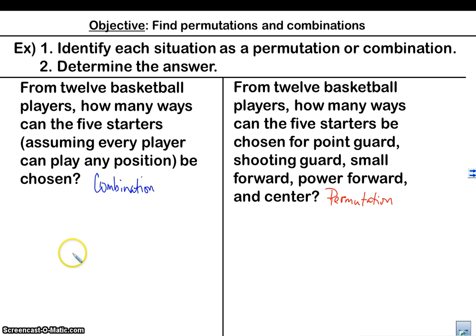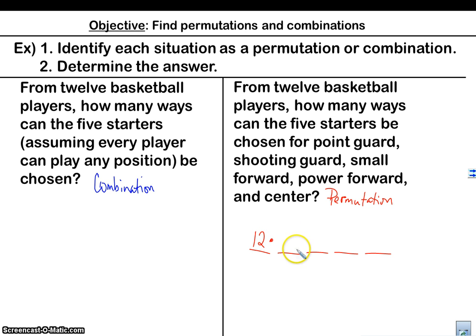So let's calculate these out. Let's do the permutation first, because the combination is basically the permutation divided by the number of possibilities there are. So from 12 basketball players, I'm going to have 5 spaces: 1, 2, 3, 4, 5. For the first person, I can have 12 of them.